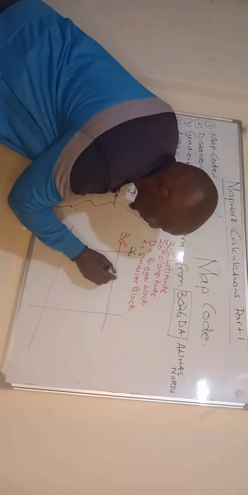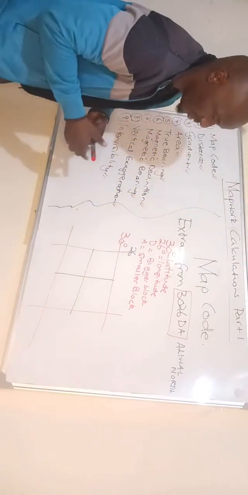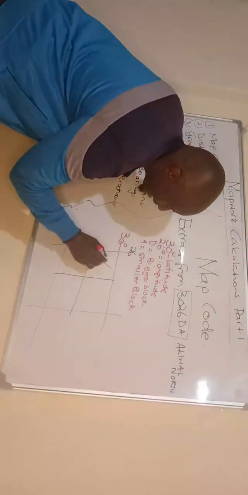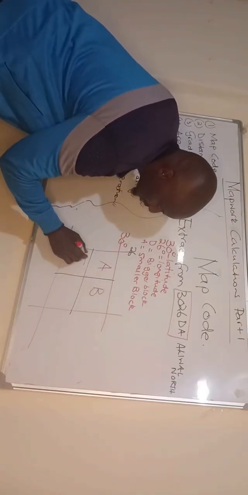What usually happens when they are doing maps, they divide a grid into 4 bigger blocks, which means we have block A, block B, block C, and block D.